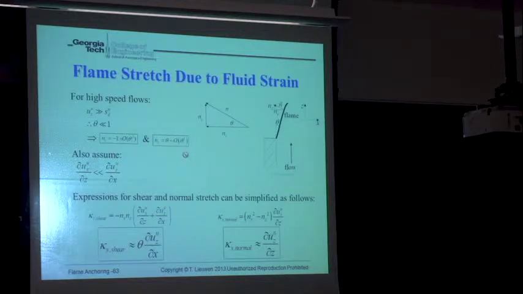Let me neglect that. Let me also assume that du_x/dz is much smaller than du_z/dx. That's a decent approximation. So what that leads to is my shear term is going to approximately look like this: theta times du_z/dx. My normal term will equal du_z/dz. All right?